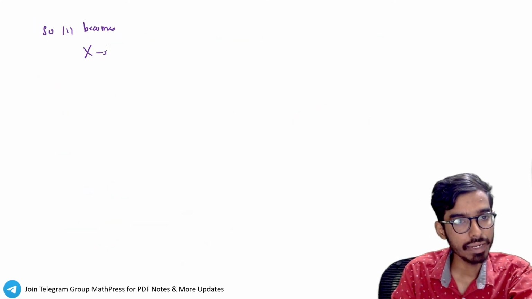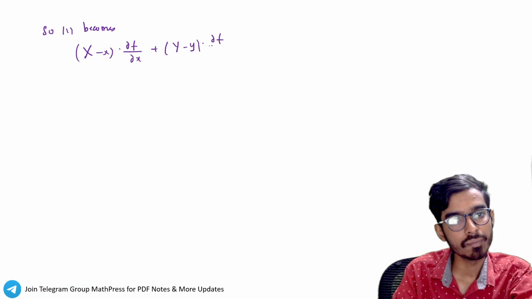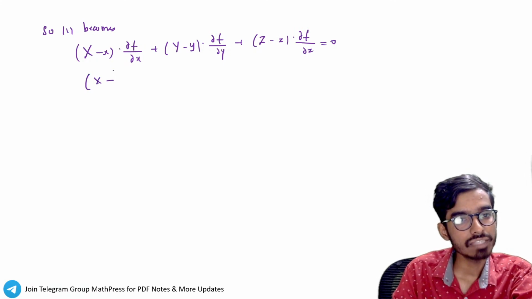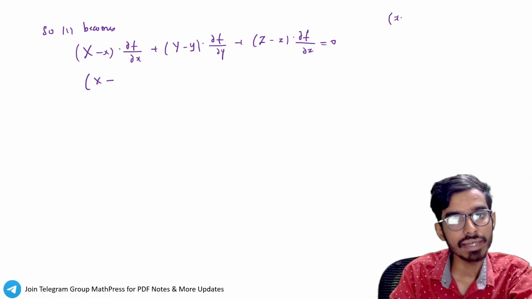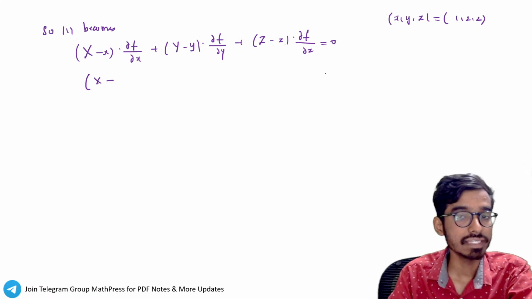So this will be (X minus x) ∂f/∂x plus (Y minus y) ∂f/∂y plus (Z minus z) ∂f/∂z is equal to 0. Here x, y, z is the point that we are taking, at 1, 2, 2. That is, we are finding the tangent and normal at this point.